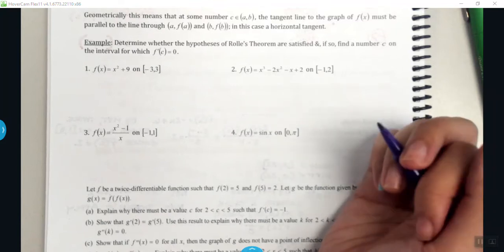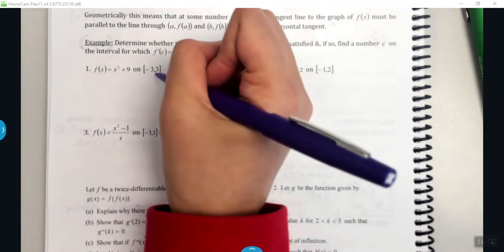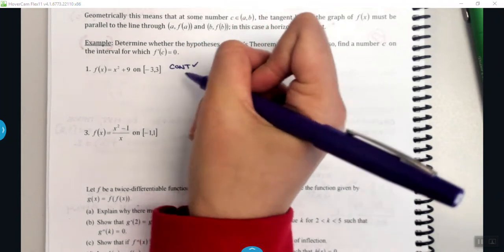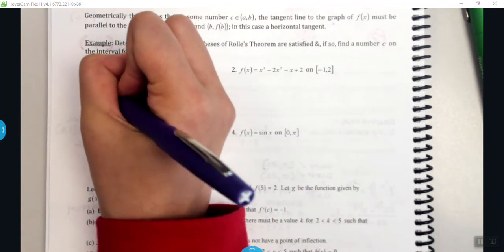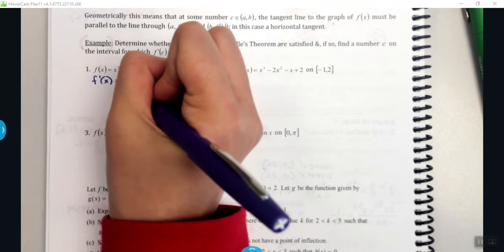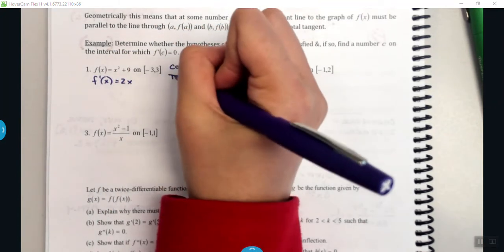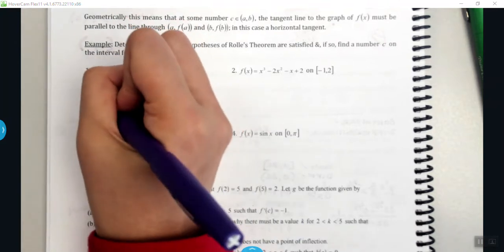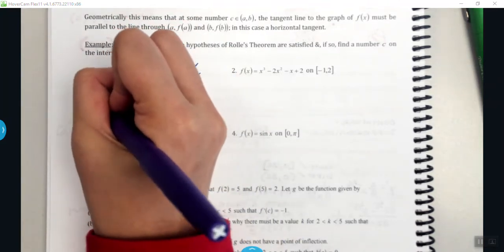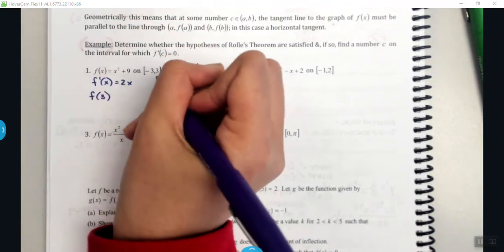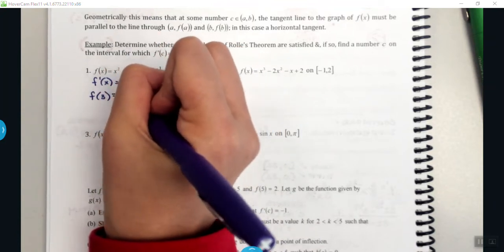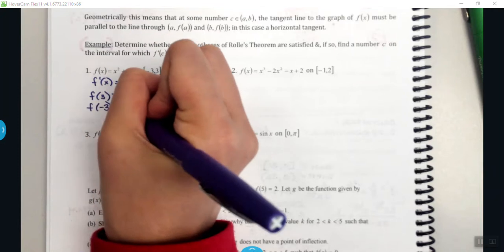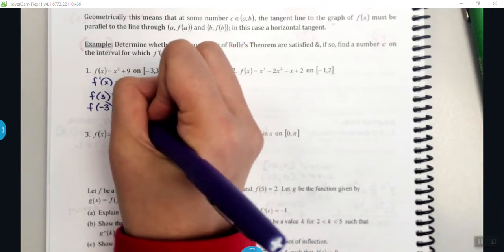Anyways, let's do this. You still have to be continuous. Is it continuous? Yeah. How about the derivative? Yes, it's 2x. It's differentiable. Check. Now we just find f of 3. F of 3 is 18, and f of negative 3 is 18.